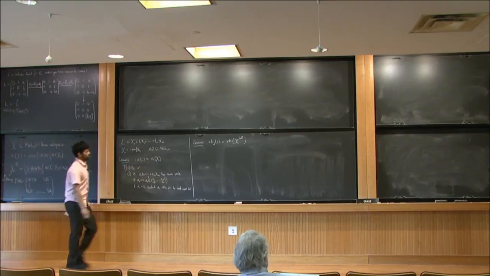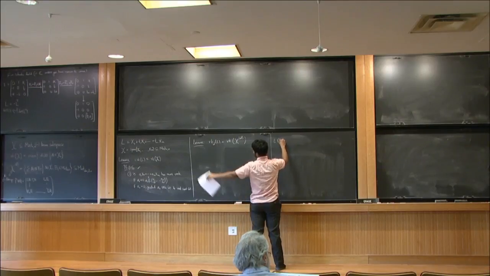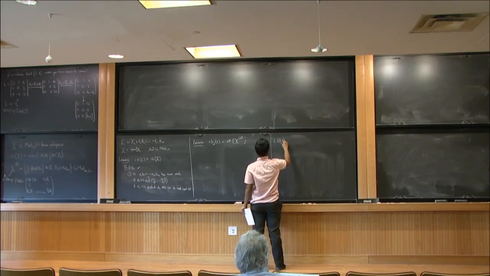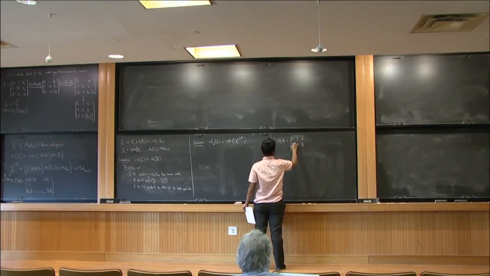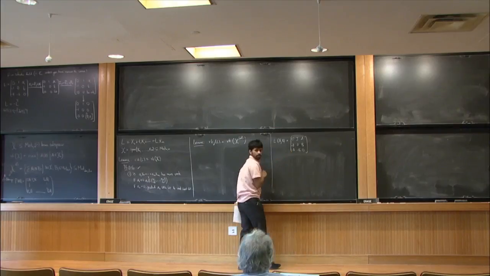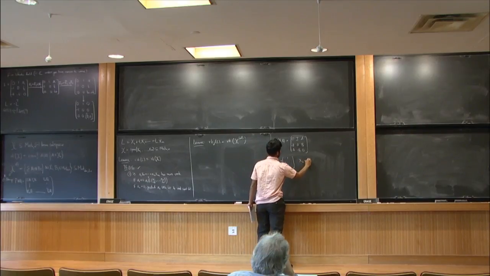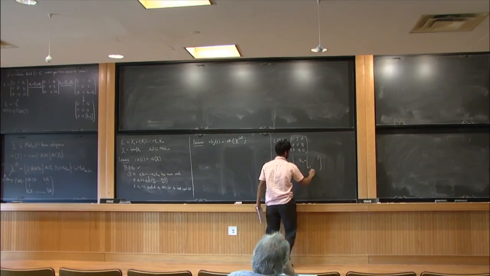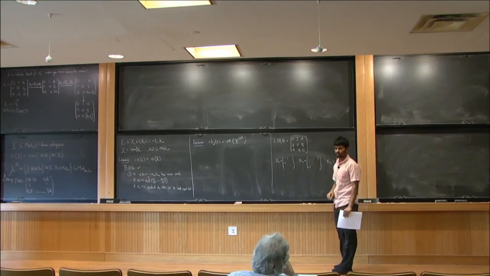So let me do this example here. If you remember the first example that we had, L of A, B was 0, identity, A, B, 0, minus identity, minus A, minus B. And what was X naught? X naught was going to be 1, minus 1. X2 was going to be 1, minus 1. And X3 is 1, minus 1.